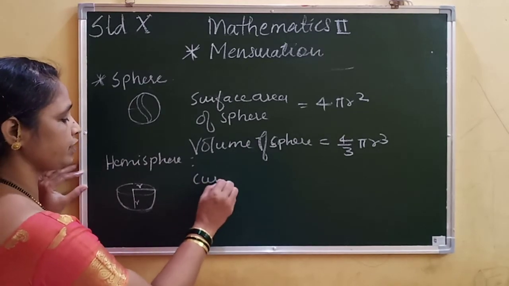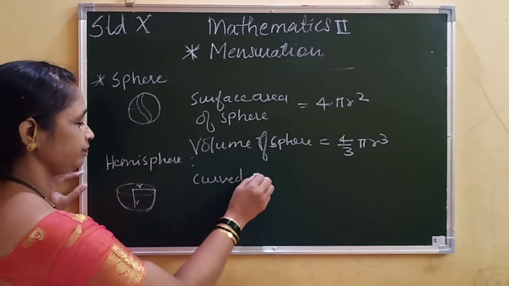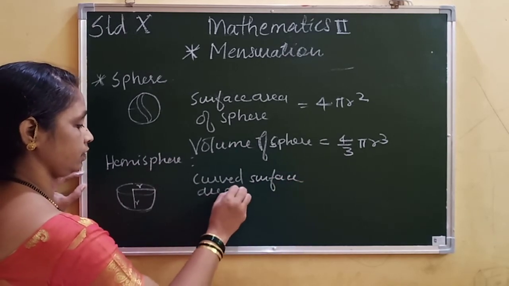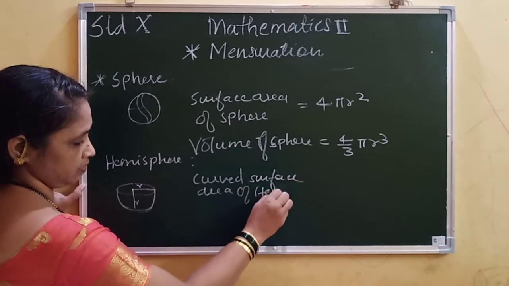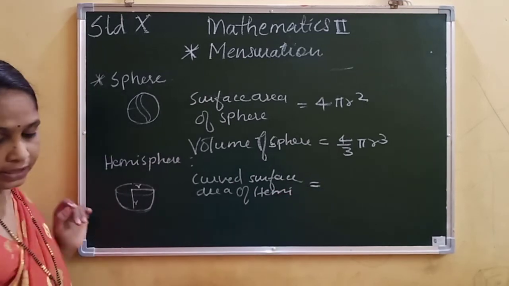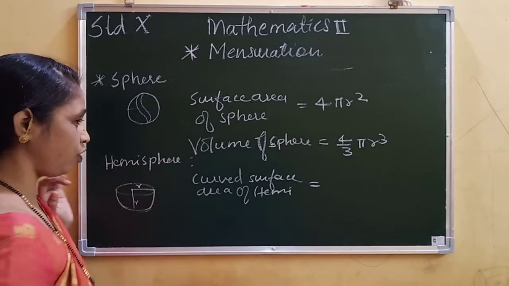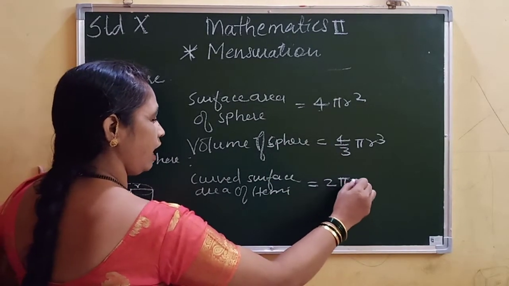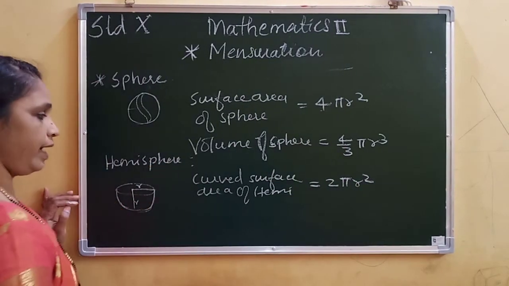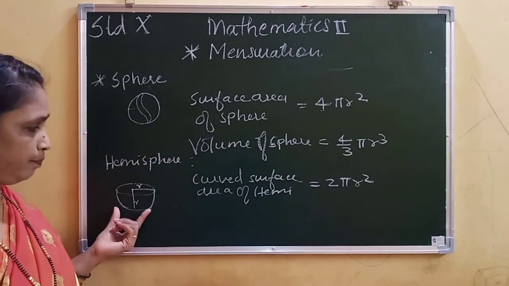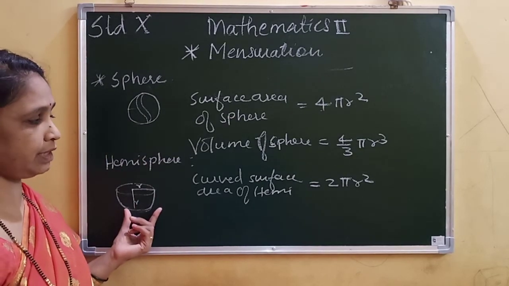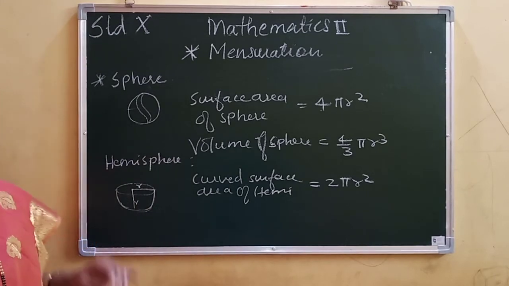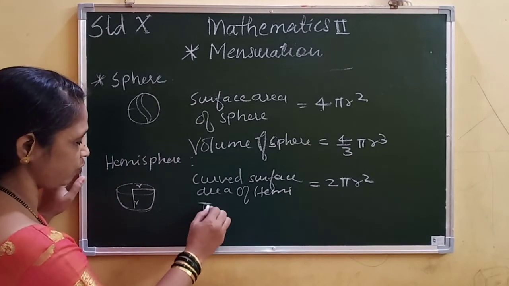So curved surface area of a hemisphere is what? Now this is 4 pi r square, so it will be half of it, so it will be 2 pi r square. So half portion of it is, so curved surface area of a hemisphere is 2 pi r square. Now its total surface area will be what?